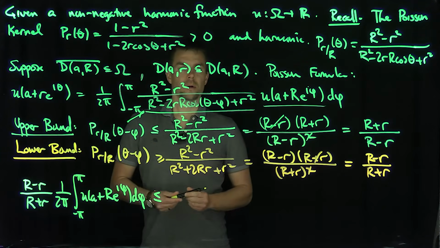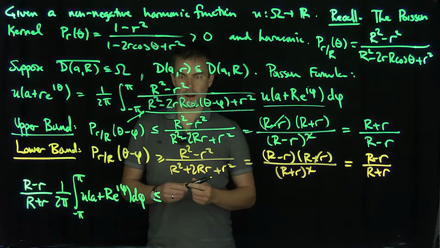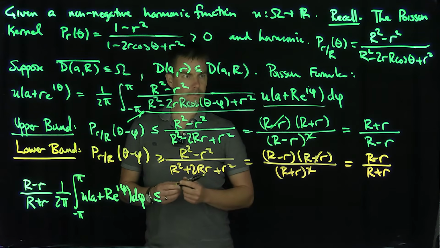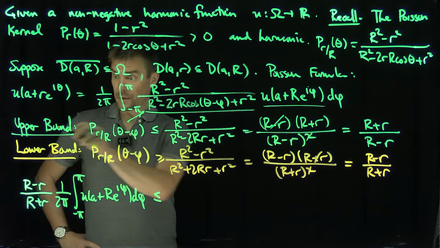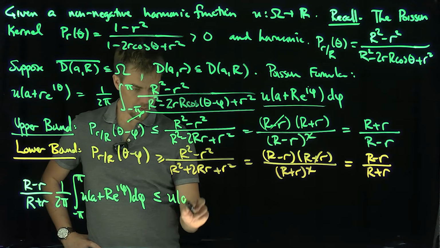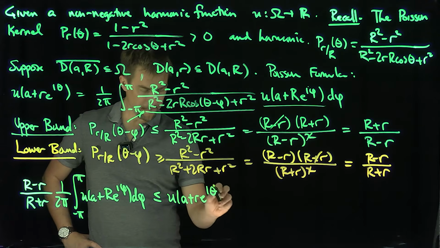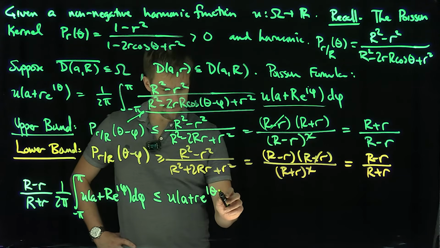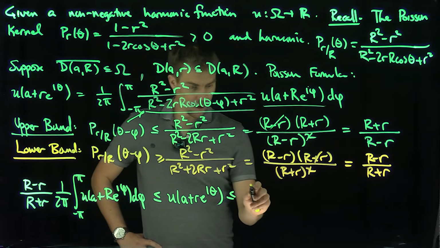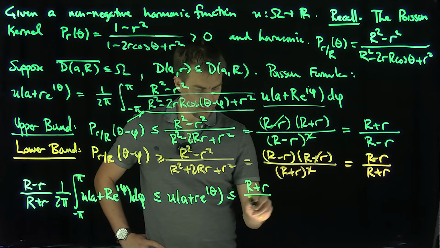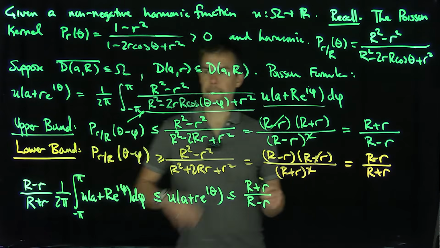what? Less than or equal to, good. So that's less than or equal to just this thing over here, u of a plus r e to the i theta, right? Good. Less than or equal to, now I can pull that out, so R plus r over R minus r, like that.